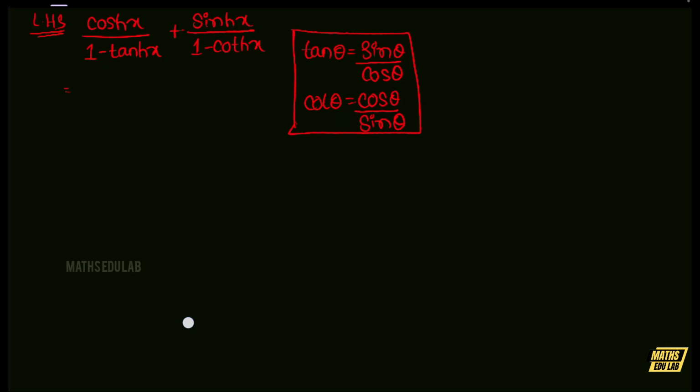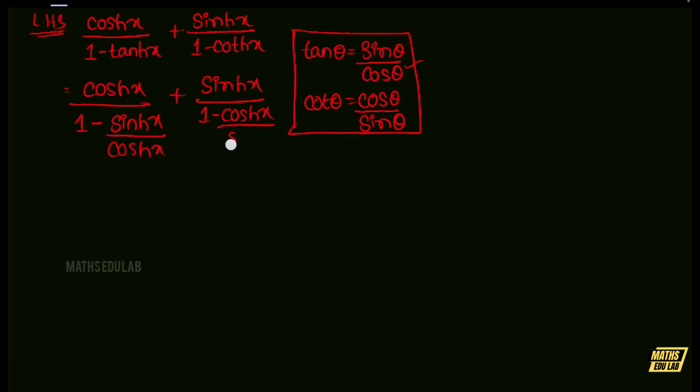That means I can write cosh x/(1 - tanh x), so we will follow this identity: sinh x/cosh x, then plus sinh x/(1 - coth x), with coth x being cosh x/sinh x.